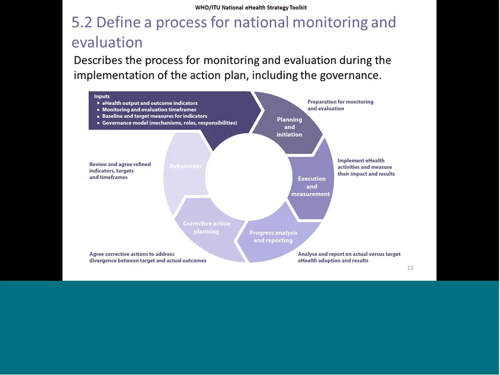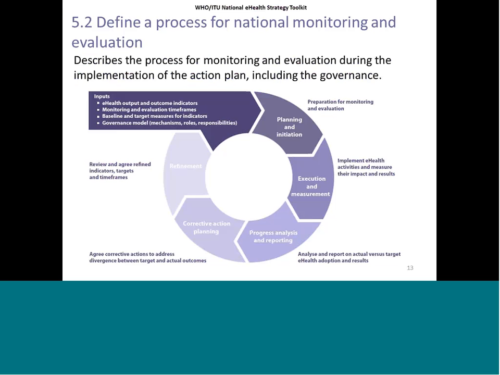The strategy is clear, and we've seen this diagram before. This is about saying that it's a continual process of monitoring and evaluation of the implementation of the action plan.